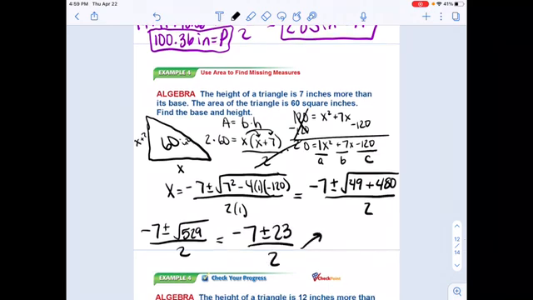Now we do need to solve this in 2 ways. So negative 7 plus 23 over 2. Negative 7 minus 23 over 2. The thing is, this is once again distance. So this one would get us a negative distance, so that is not a good answer. So actually, our only good answer is going to be 8.